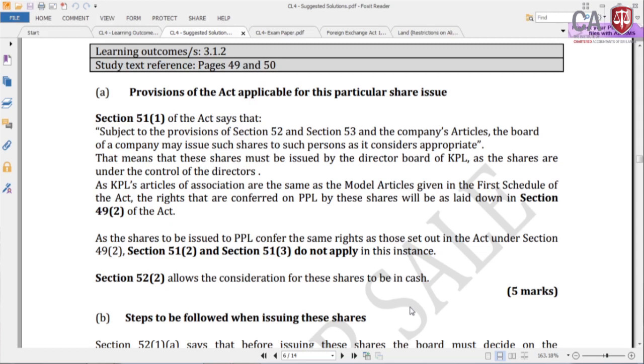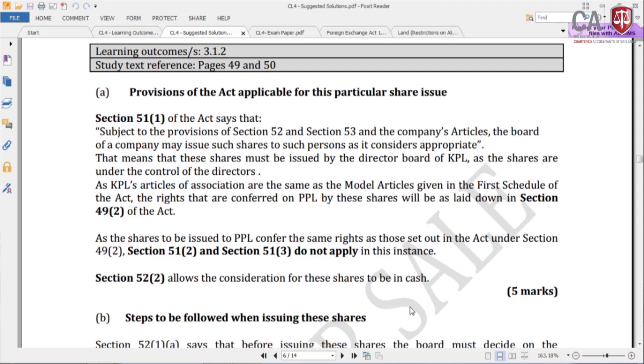As per the shares to be issued to PPL, the holding company confers same rights as those set out in the Act under section 49(2), section 51(2) and section 51(3) do not apply in this instance, because section 52 and 52(2) allows the consideration of these shares to be in cash.